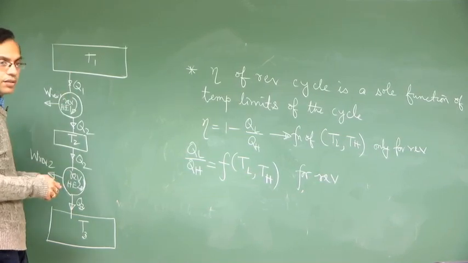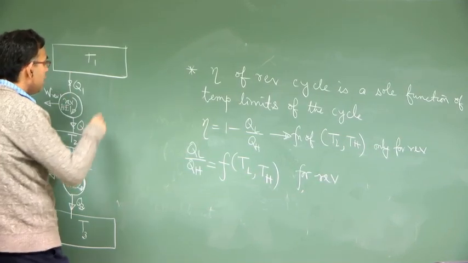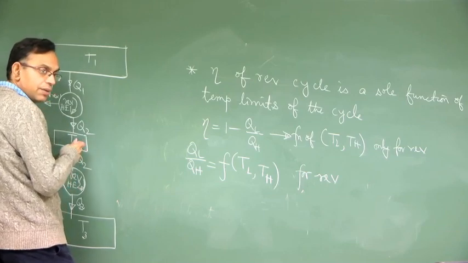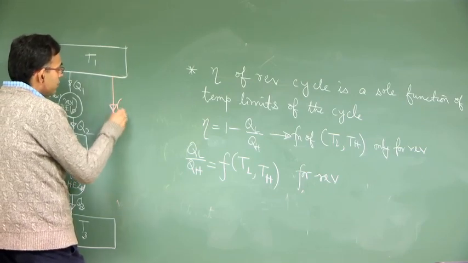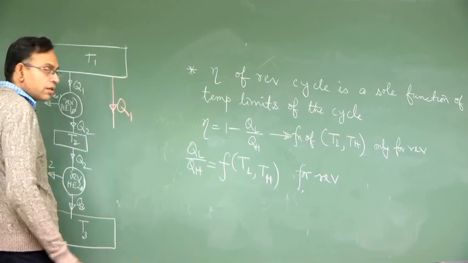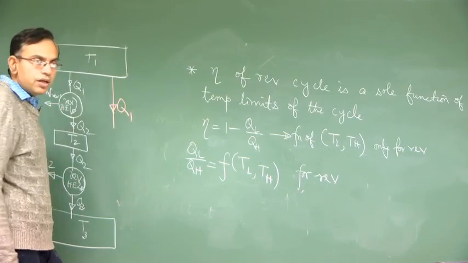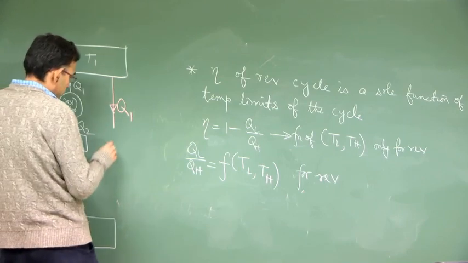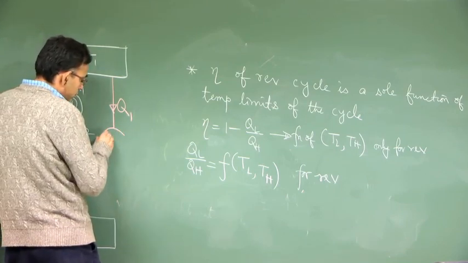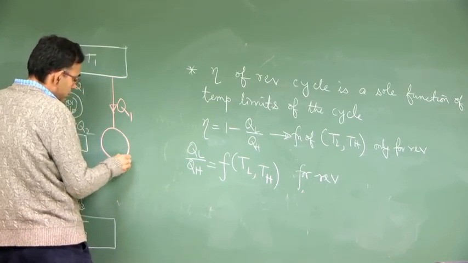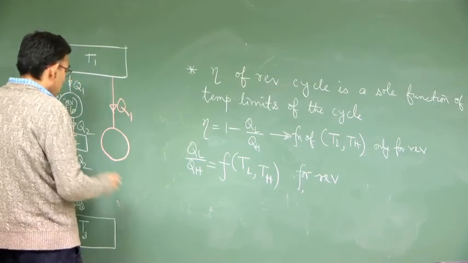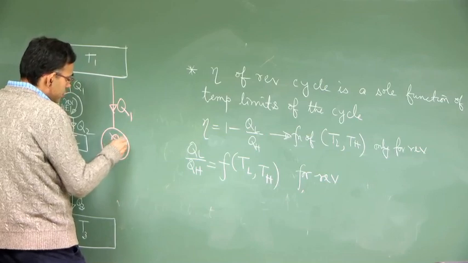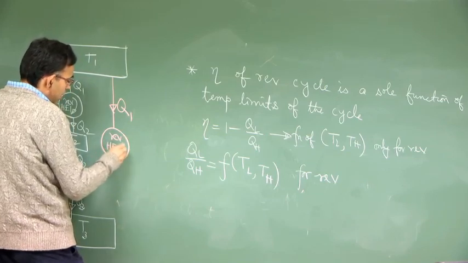This is one arrangement. Another arrangement is that instead of being mediated by this thermal reservoir at T2, you have Q1 taken from thermal reservoir 1. There is a reversible heat engine 3.